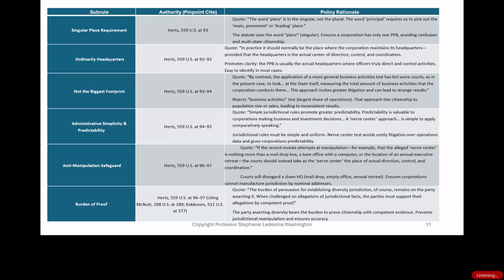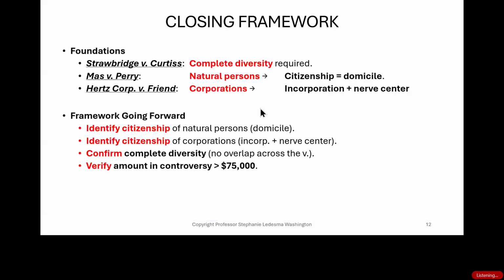Let's keep moving through, and let's see where we are. We began our journey with diversity jurisdiction as a subject matter for federal courts with Strawbridge v. Curtis. That's where we began. In Strawbridge v. Curtis, we get the rule for complete diversity.